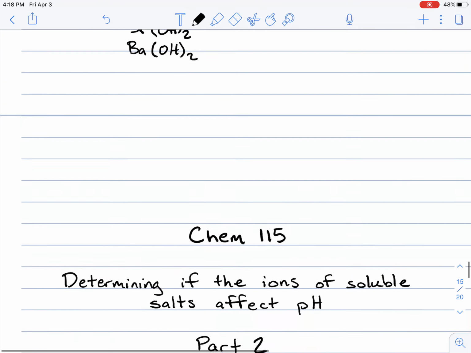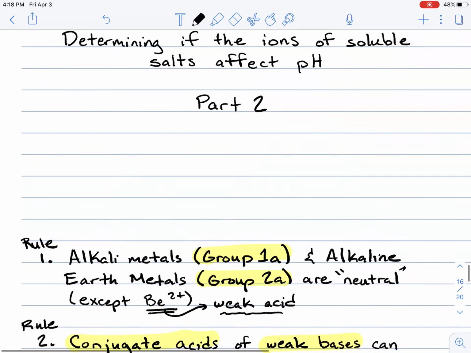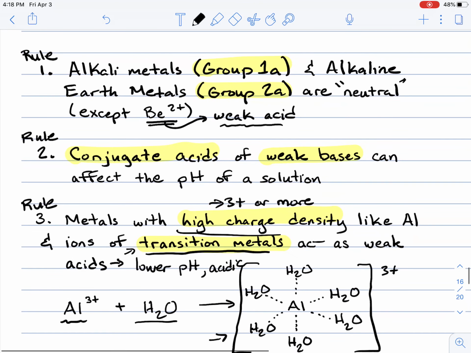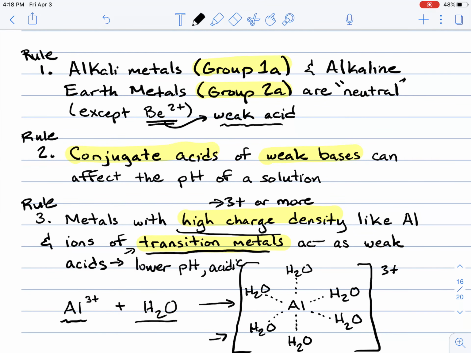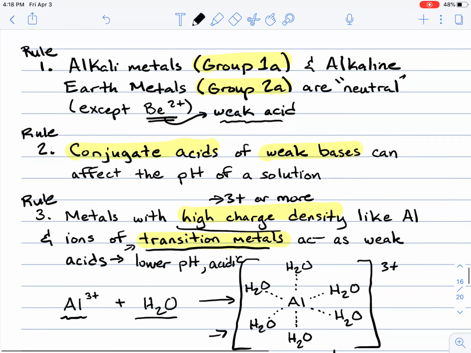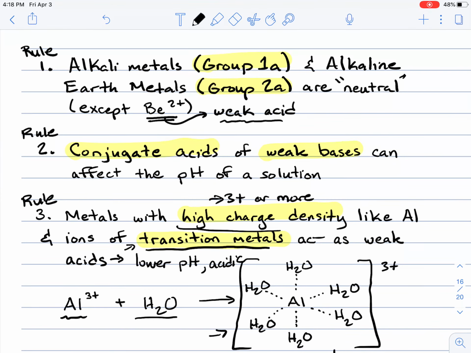The second item that I want to flash are the rules that helped us predict whether or not the ions of an ionic compound, when it's dissolved in water, will change the pH of that solution. Here I'm flashing Rule 1, Rule 2, and Rule 3.